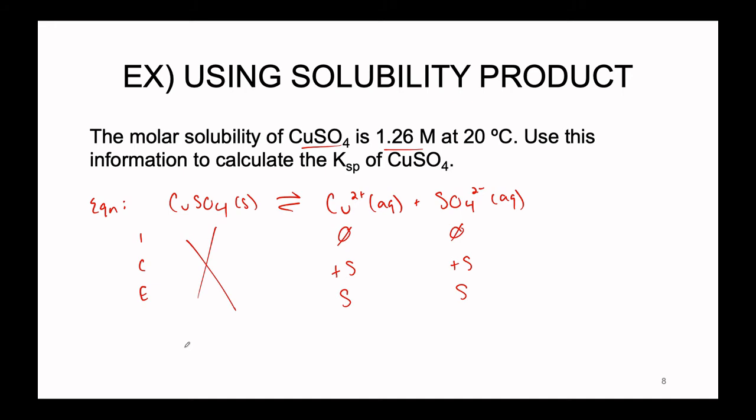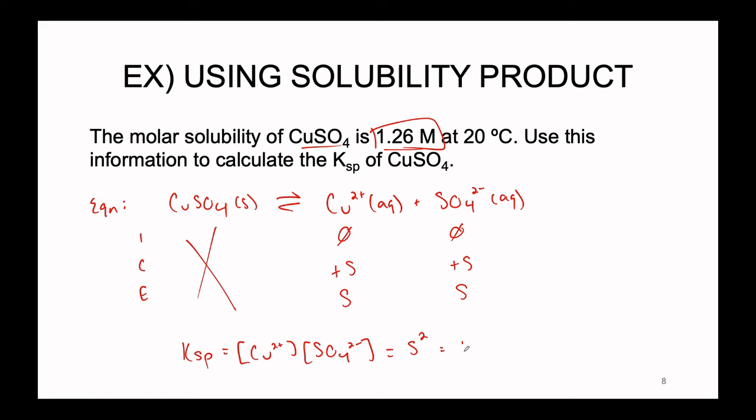All right, so our equilibrium constant, which we do not know what its value is, is going to have to be equal to the concentration of copper 2+ times the concentration of SO4 2-, and this will be equal then to S squared. All right, well, this is fine. It seems like we now have one equation and two unknowns, except if we return to the wording of our problem, we're told that the molar solubility of copper sulfate is 1.26 molar.